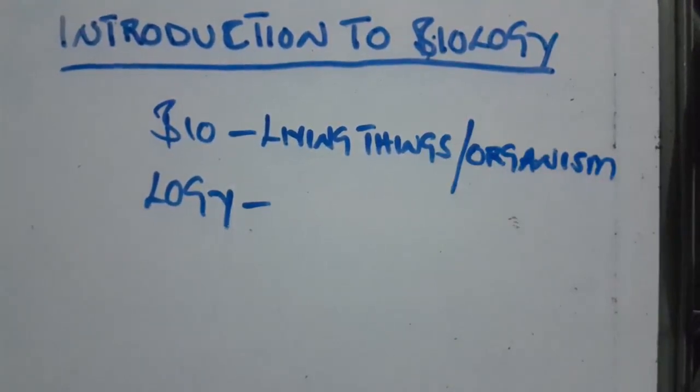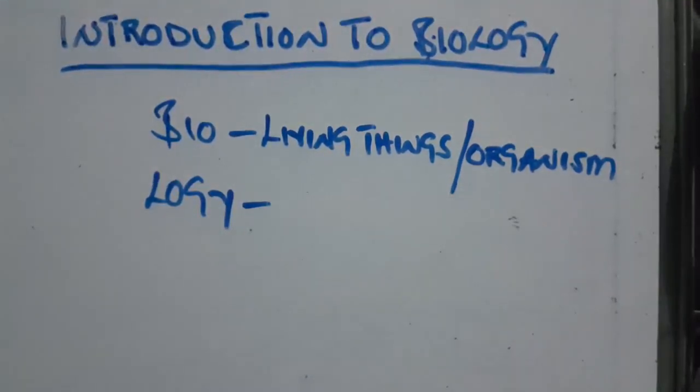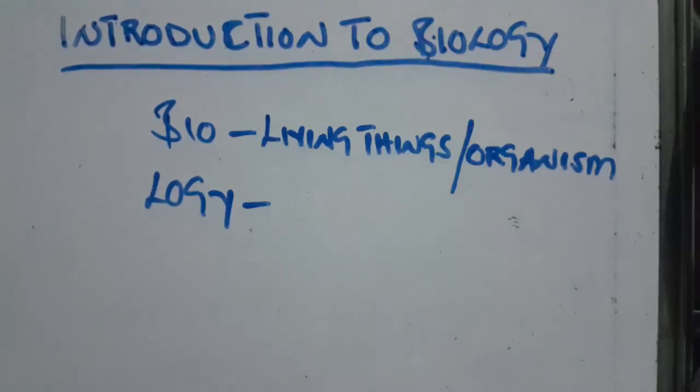These living things or organisms may be what? Plants, animals, or other things that encompass movement, feeding, respiration, excretion.